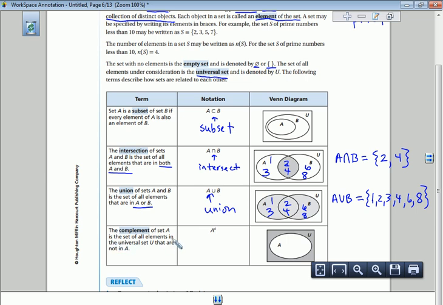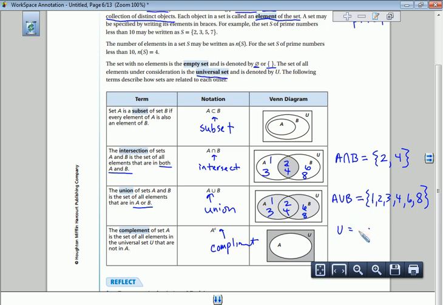The complement of set A is the set of all elements in the universal set that are not in A. So the little c up here means complement. Okay, so if the universal set was the numbers less than 10, let's just say integers less than 10.